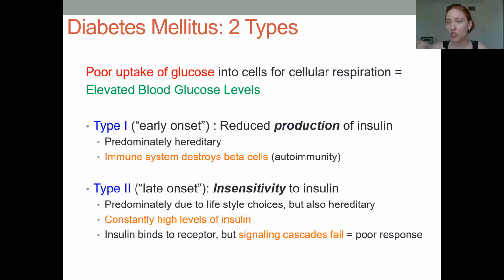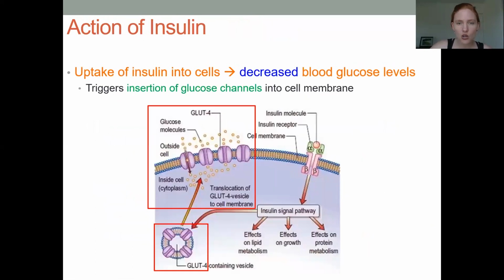You still have normal or sometimes even elevated levels of insulin, but when the insulin binds to its receptor, you're not getting the signaling pathway, because the response that cells take to a hormone is concentration dependent, sort of like the Goldilocks theory, right? You need just the right amount.